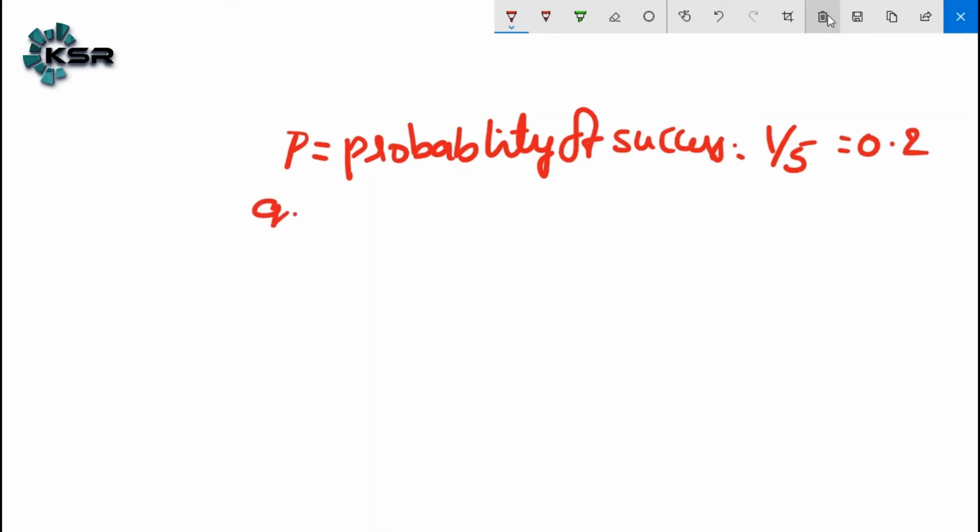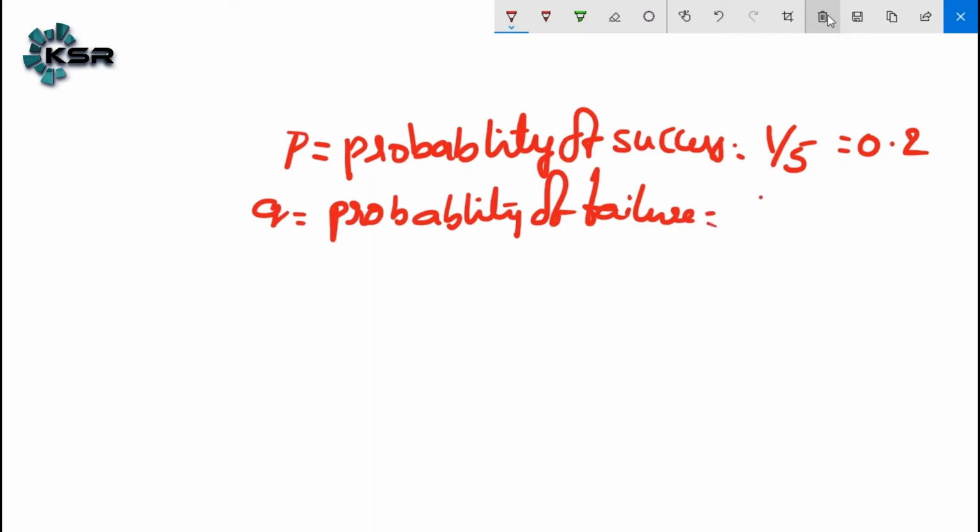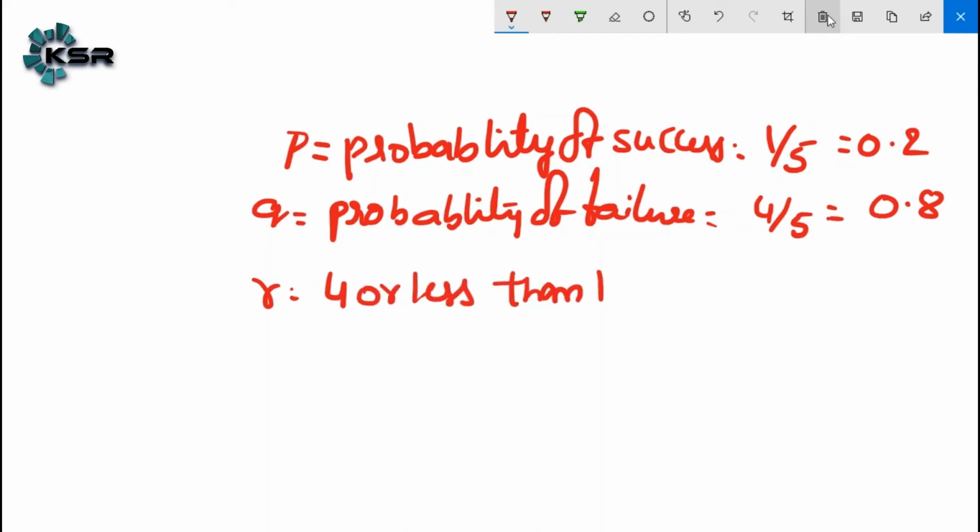Q means probability of failure. So that is basically 4 by 5, that is 4 wrong answers. So that is nothing but 0.8. So r is 4 or less than that correct answers.